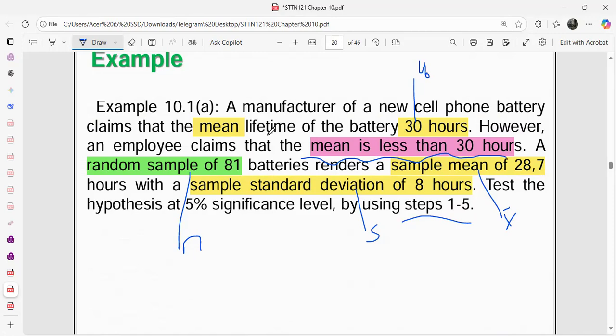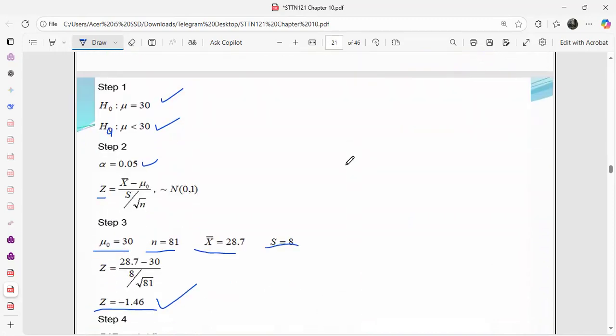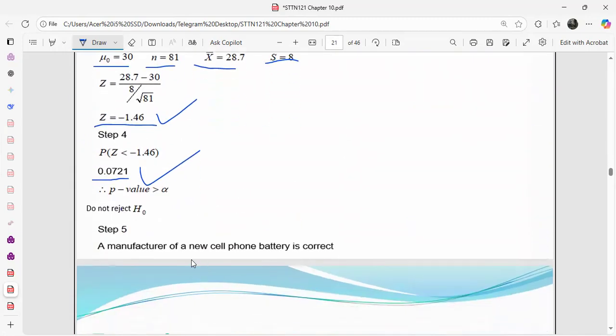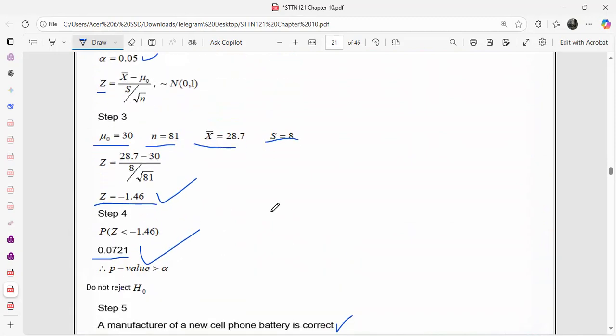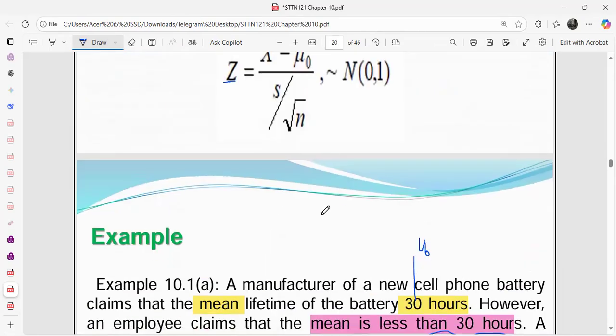Since we do not reject the null hypothesis, it means that the manufacturer of that new cell phone battery is correct. I'm not sure about the mark allocation for this. So I hope now you understood.